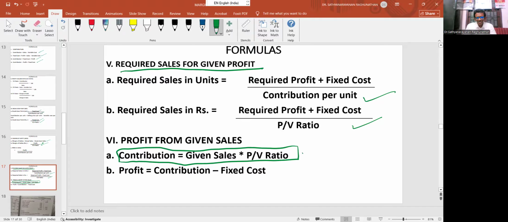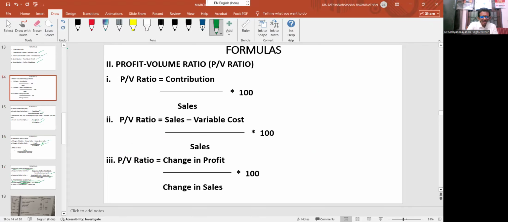Under what circumstance does this formula apply? As I told, the third formula for PV ratio is change in profit divided by change in sales into 100.